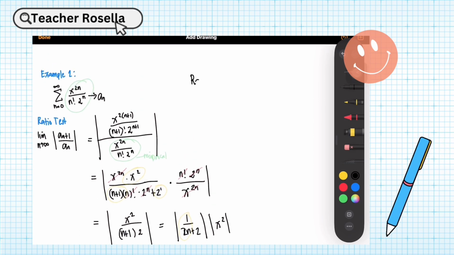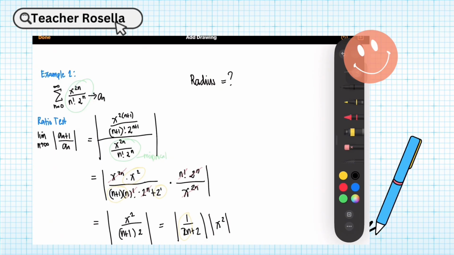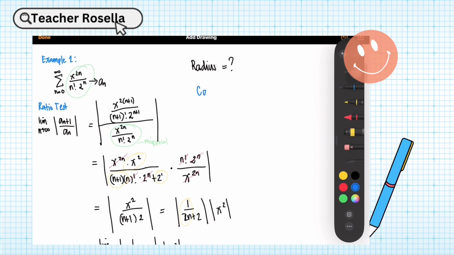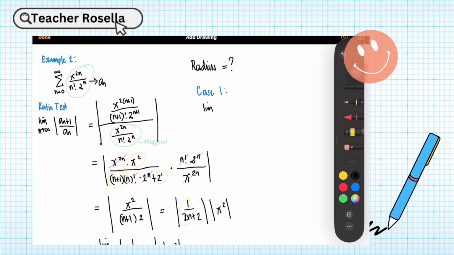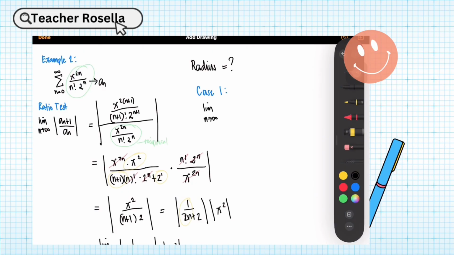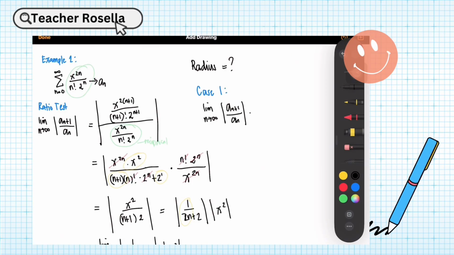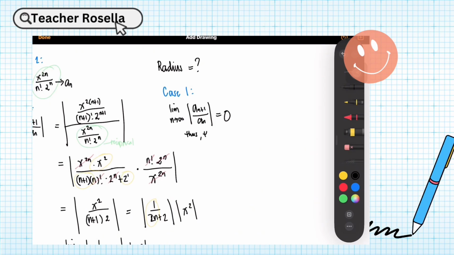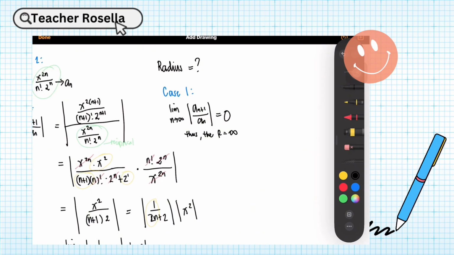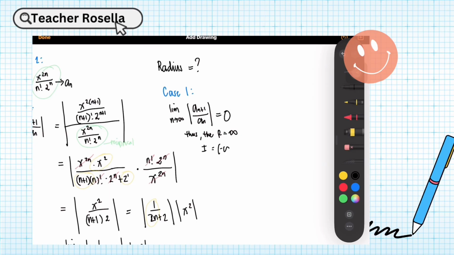So now what will be the value of our radius? Remember, from our case 1, if the limit as n approaches infinity of the absolute value of a sub n plus 1 over a sub n is equal to 0, thus the radius will be infinity and the interval will be negative infinity to infinity.